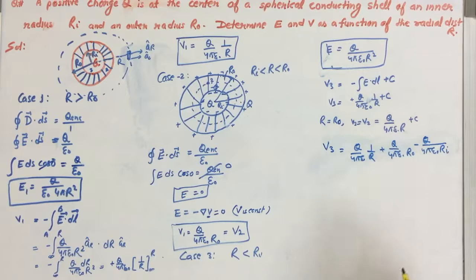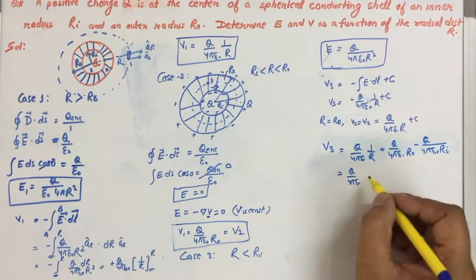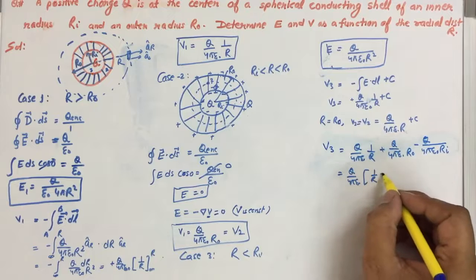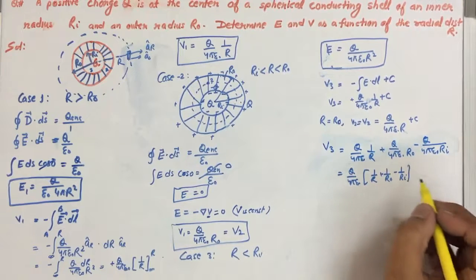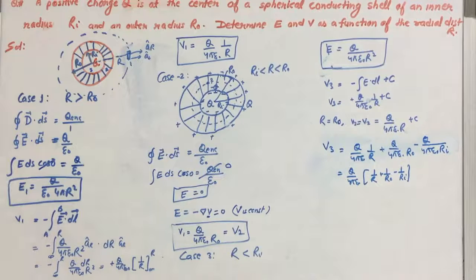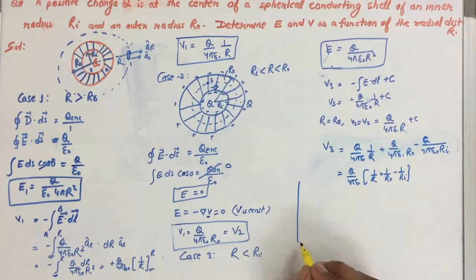So this will be V3. Now we can say it is q by 4 pi epsilon naught times 1 by r plus 1 by r naught minus 1 by ri.